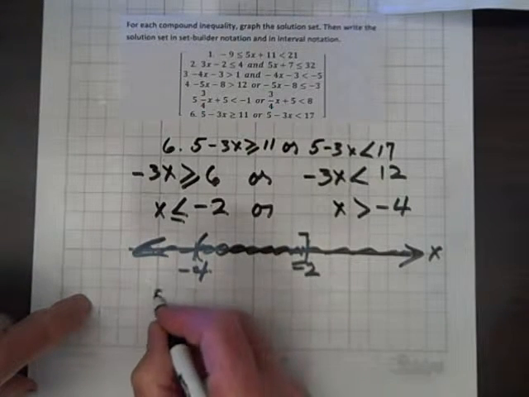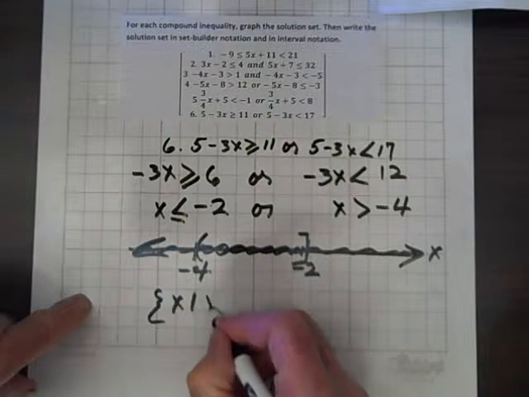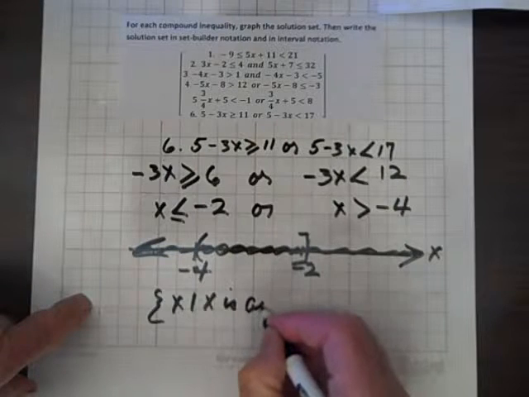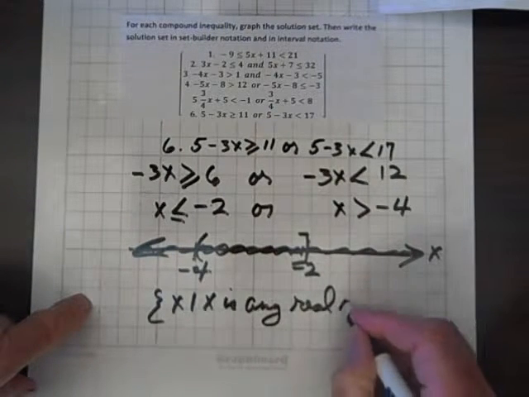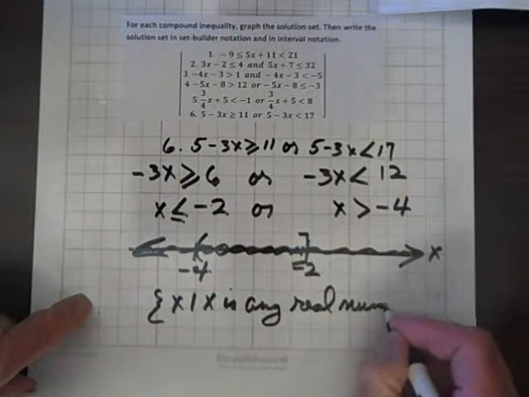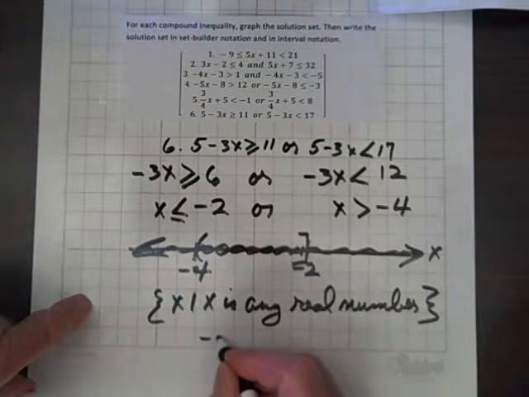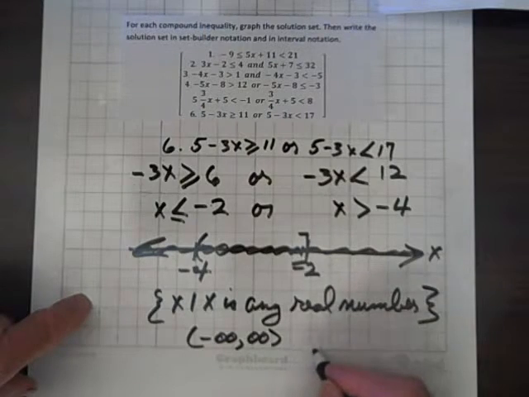And so the solutions in set builder notation are the set x such that x is any real number. In interval notation, parenthesis, negative infinity to infinity, and we are done.